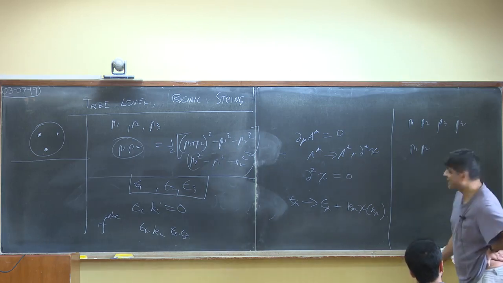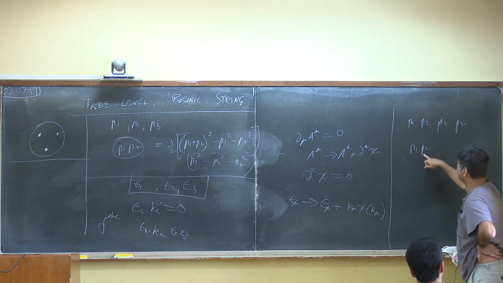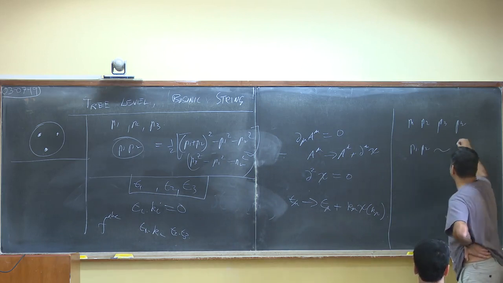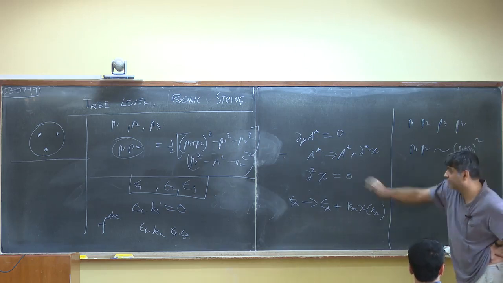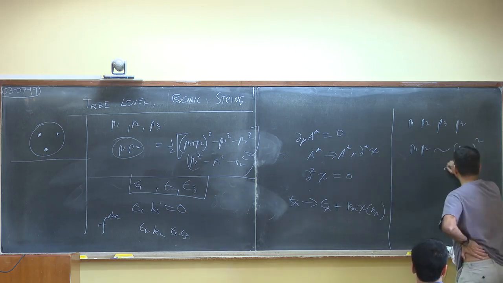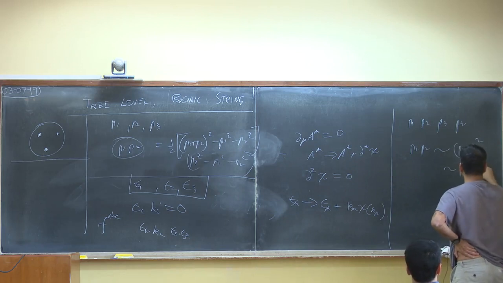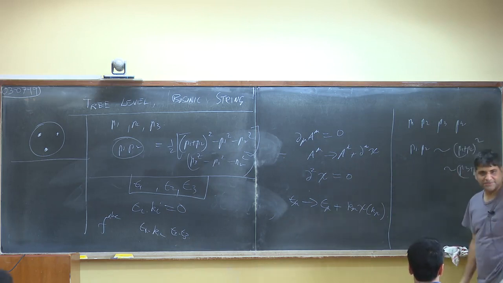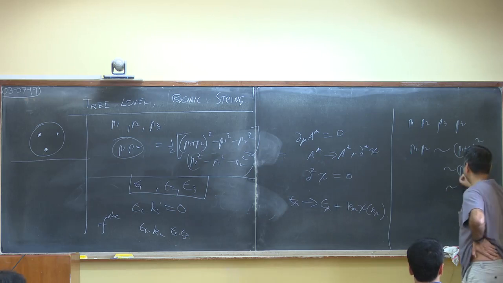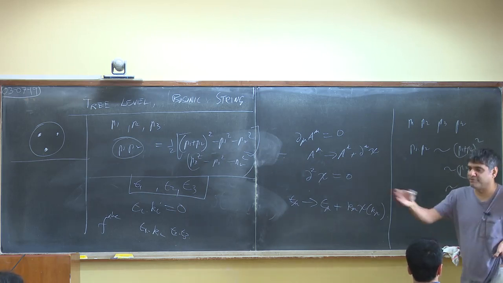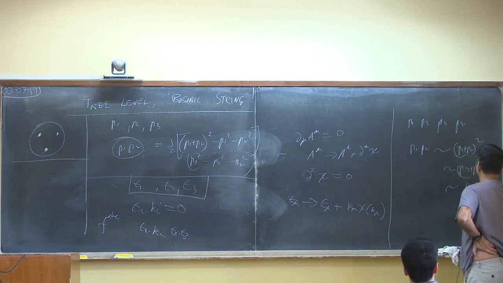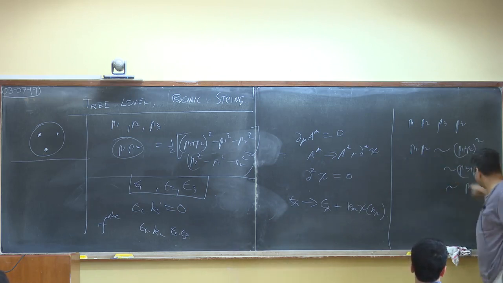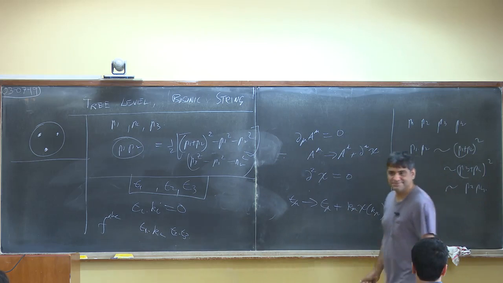Because you use momentum conservation, you can relate it to P1 plus P2, the whole thing squared, which is related to P3 plus P4, the whole thing squared, that's momentum conservation. The wiggly means I'm not even tracking minus signs and 2's. That is the same as P3 dot P4. So this is related to this, but neither of them is trivial.